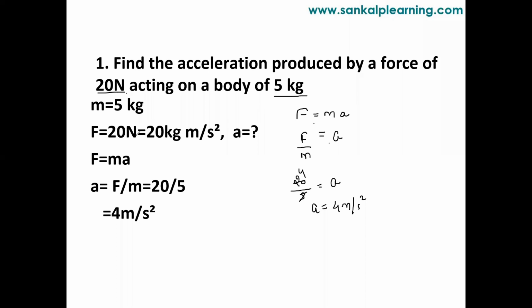So we just need to take F is equal to m into a. Very simple numerical. We need to remember the formula, that is F is equal to m into a.